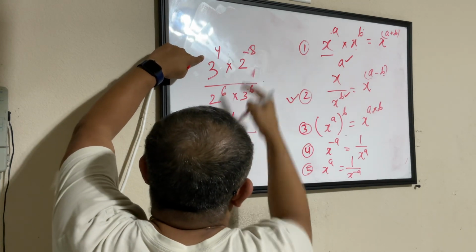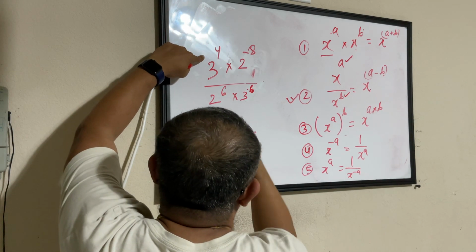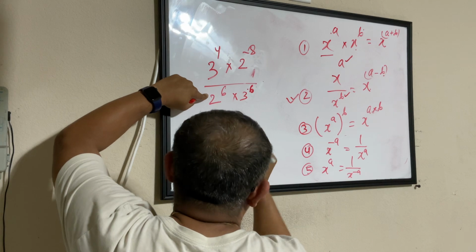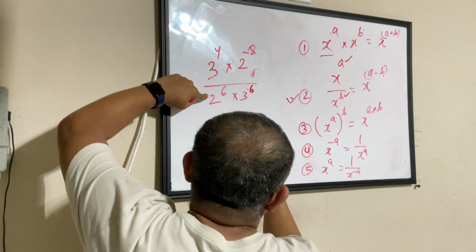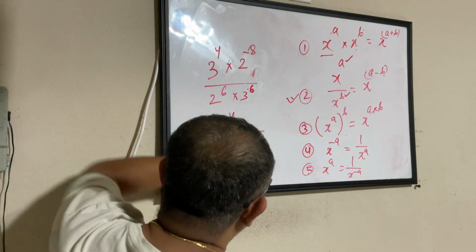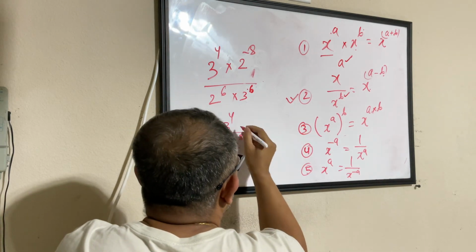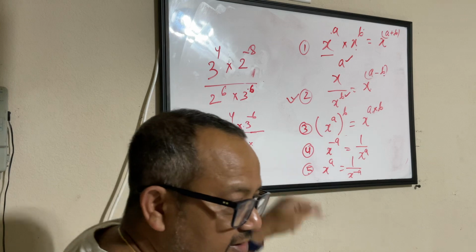So here, let me move this guy down. So I have 2 to the power 6 already, and I'm bringing this guy down, so it becomes 2 to the power 8, but with a positive. Minus became plus. Okay? Now, I have 3 to the power 6 here. Maybe I want to put all the 3's together. So if I move this guy up, this becomes minus 6.